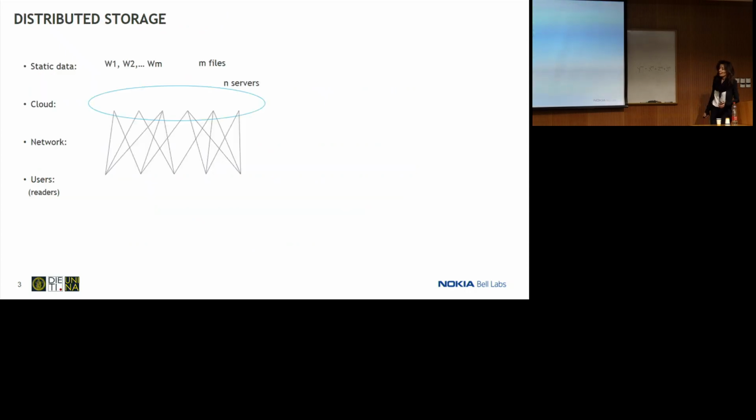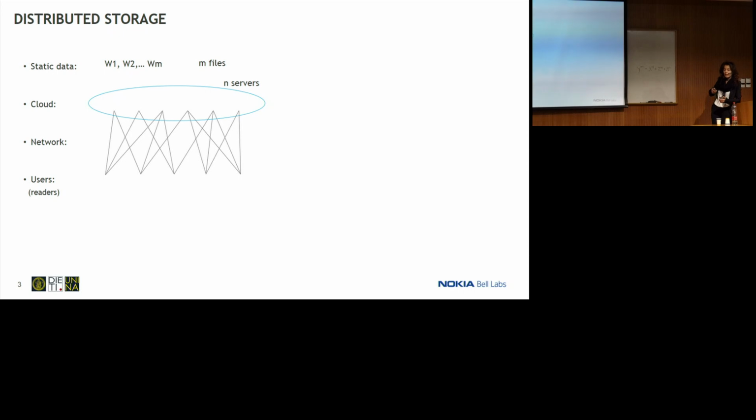Well, certainly cloud computing is nowadays the most prominent computing model, and distributed storage is one of the core components in a cloud computing environment. The primary role of a distributed storage system, as we all know, is to essentially ensure and enhance data availability.